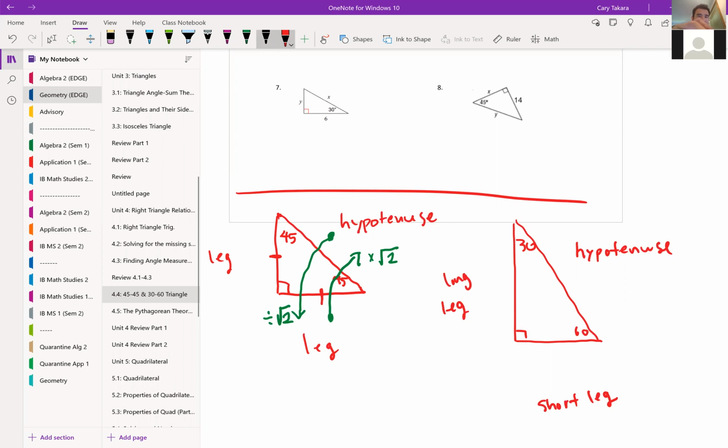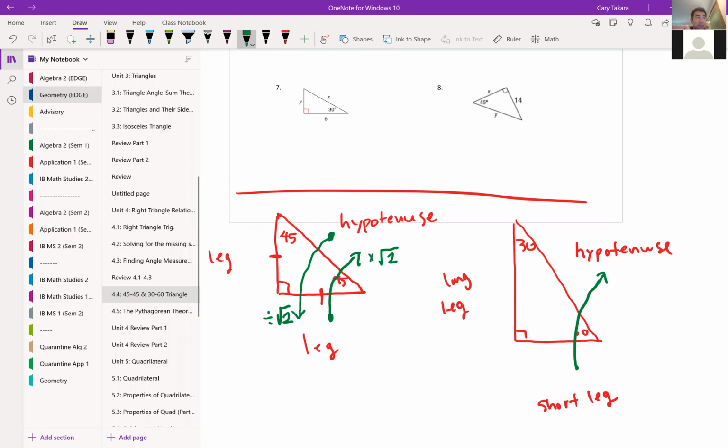Now, let's explore the short leg to hypotenuse. If you know the short leg, but you want to find the hypotenuse, do you guys remember what you need to do? Can you take out your notes and see what it says? What's the relationship between the short leg and the hypotenuse for a 30-60 right triangle?